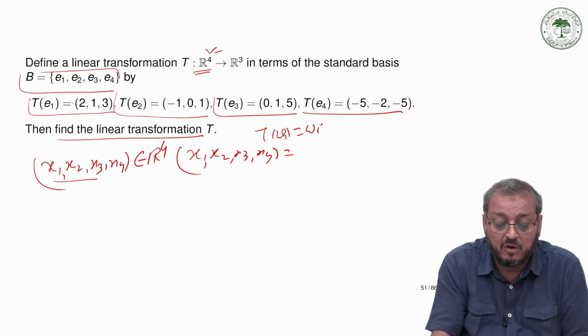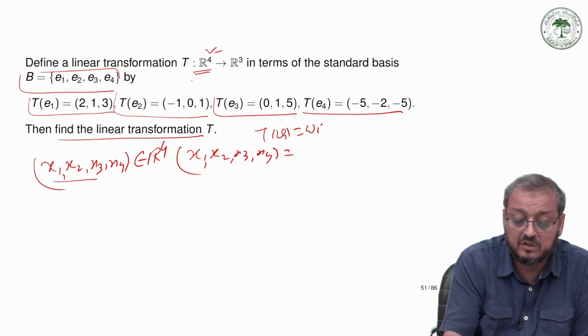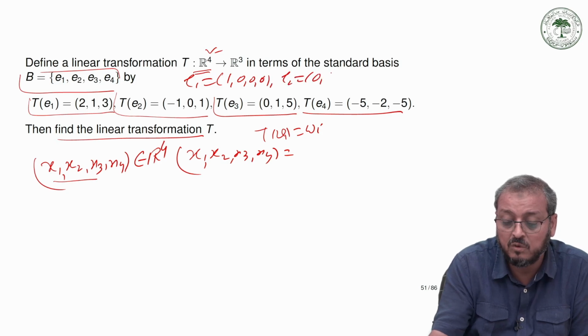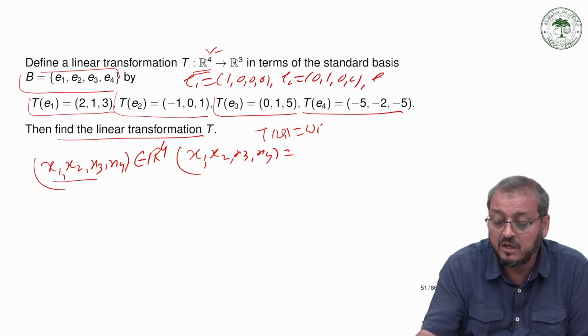We know that E1 is of the form 1, 0, 0, 0. E2 is of the form 0, 1, 0, 0. E3 is of the form 0, 0, 1, 0, and E4 is of the form 0, 0, 0, 1.